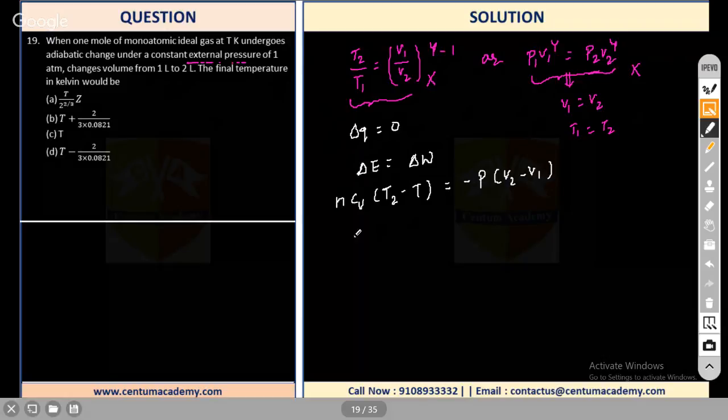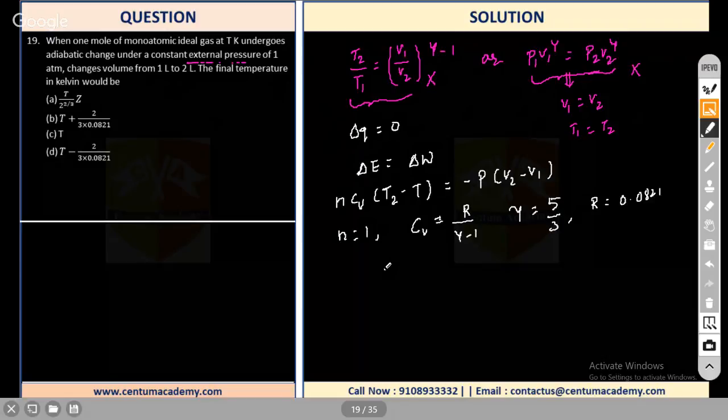N is given as 1 mole. For Cv we have the formula Cv is equal to R divided by gamma minus 1. Gamma for a monoatomic gas is 5 by 3, and the R value is 0.0821. All these values we substitute here and get the answer.